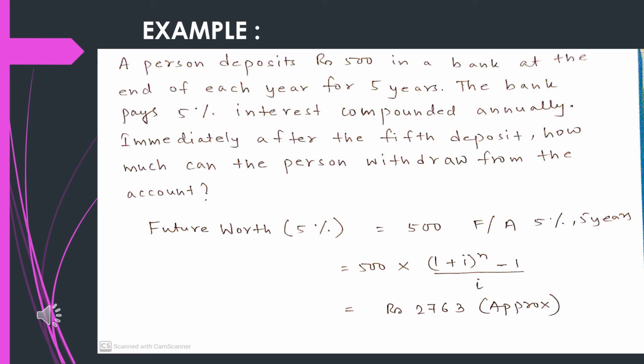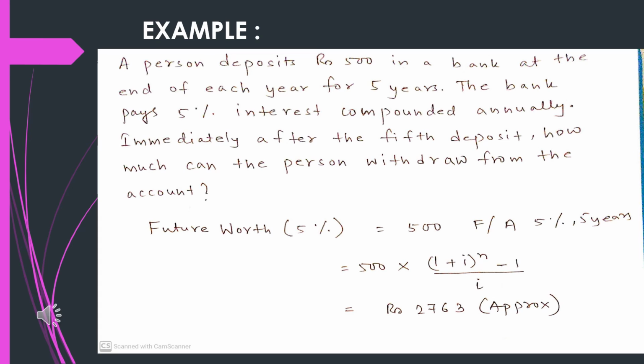If that is the end of the period, that is future worth to us. And if that is future worth, the value 500 moves from annual worth to future worth, taking into consideration the 5% interest rate and the 5-year time period.